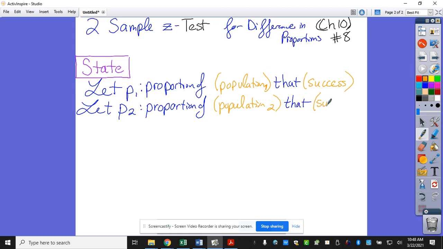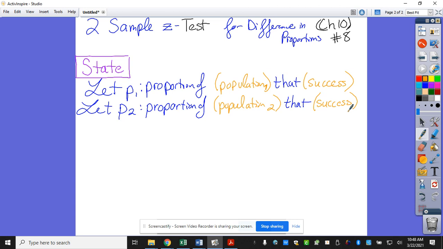And so I write population 1 and population 2 the way I'm choosing to write it out, but I don't write success any different because it's still defining success the same way, just from a different group. So that accounts for both my populations and my parameters.